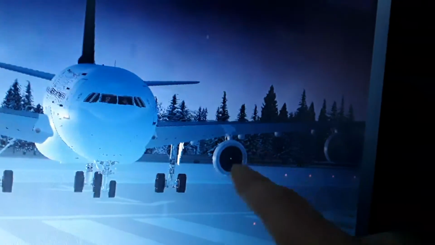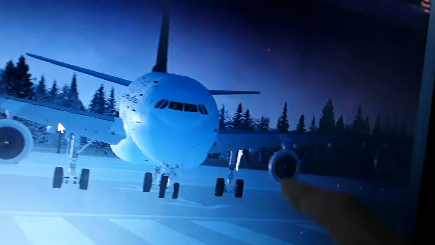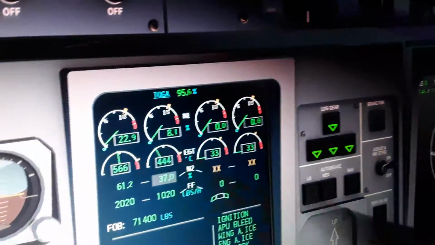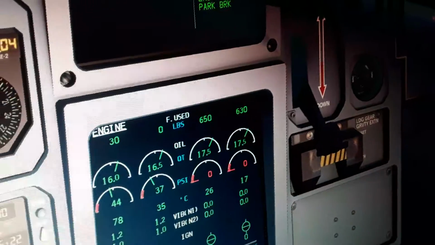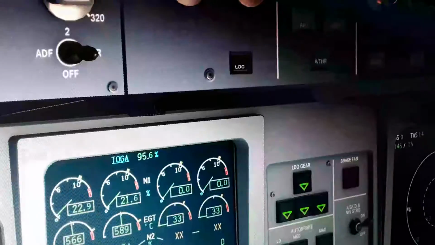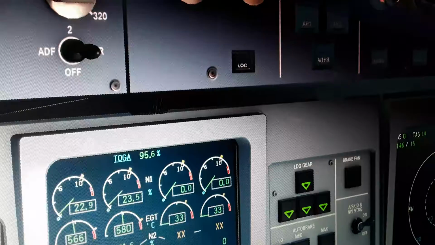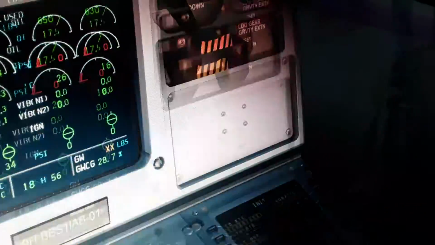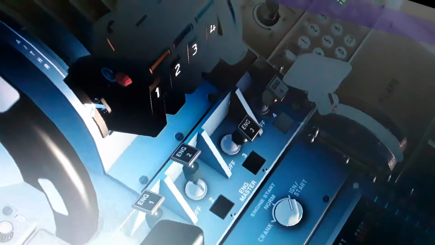You can see the engine here is spinning the front fan, and here it starts. When N2 reaches 22%, I think, yeah, it lets the high pressure fuel valve go on.